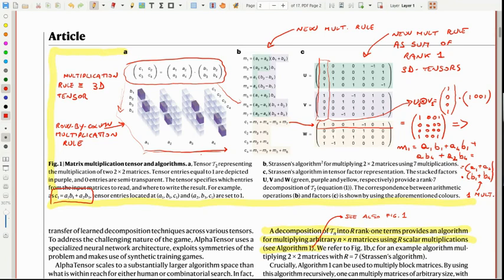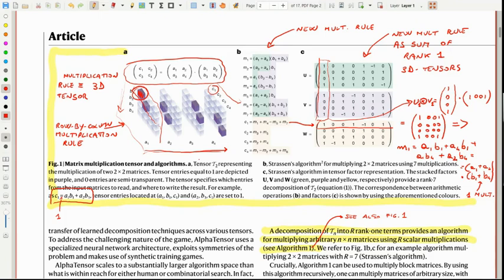I will represent it in the tensor in this way: corresponding to A1 B1, that means this slice that is A1, this row which is B1, I will put a 1 because the coefficient here is 1, corresponding to the position of C1. C1 is here, so this element in the tensor will be a 1.